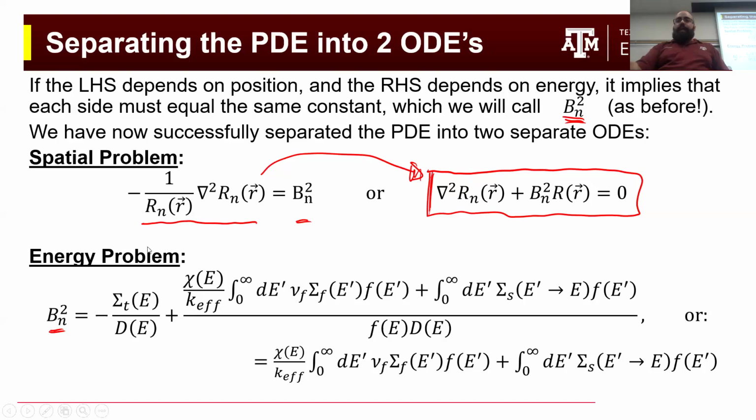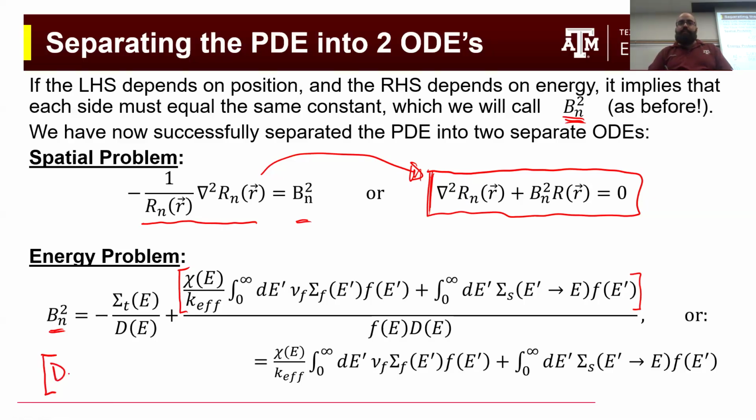And for the energy problem, what I'm going to do on purpose is try to isolate this quantity. Like this quantity, these integral quantities is what I'm showing here on the right side of the equation, and I'm trying to move everything else over. So I'm going to add this term over. I'm going to multiply both sides by f of E and by d of E. And as a result, on the left-hand side, I'm going to have something that looks like this.